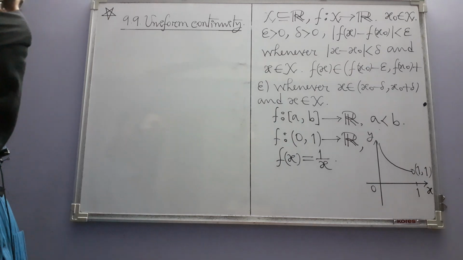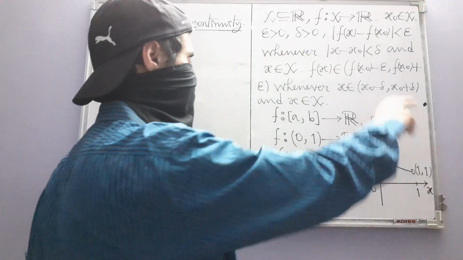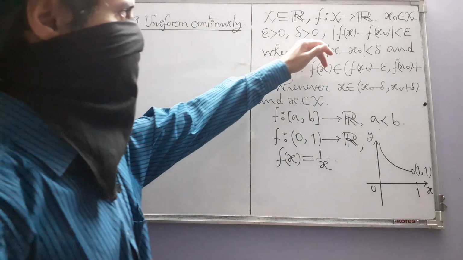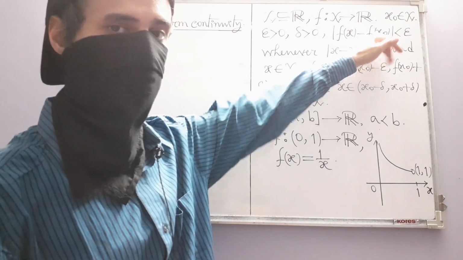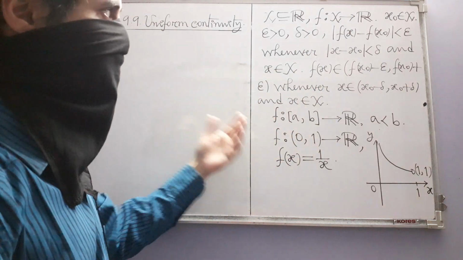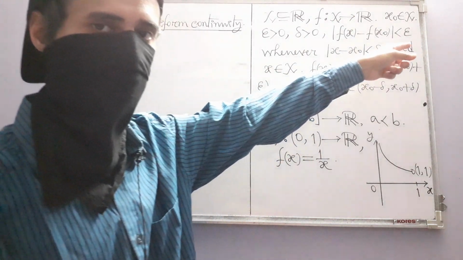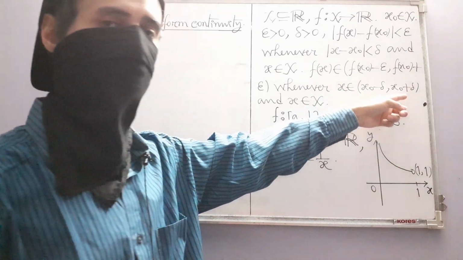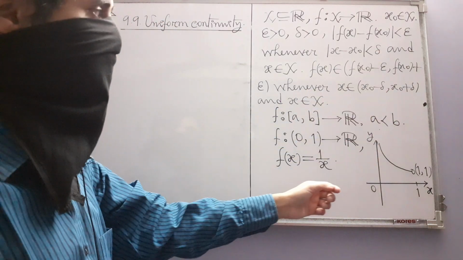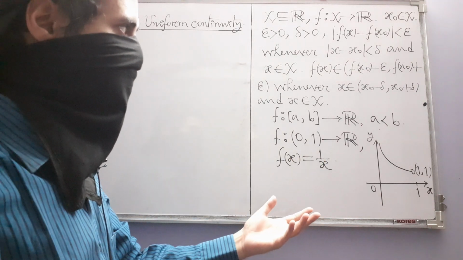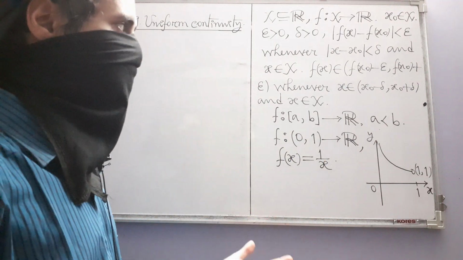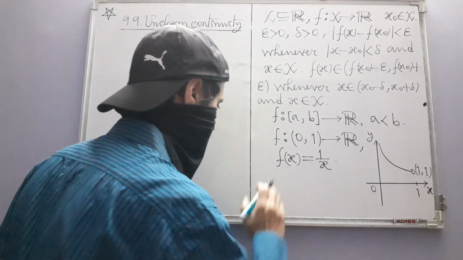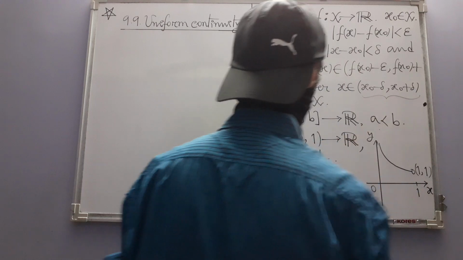So continuity means that you are able to control the output so that the output does not stray too far from f of x naught on either side. How far, that is determined by epsilon. By choosing x inside a region like this which contains x naught, so this region has been called by the author an island of stability.